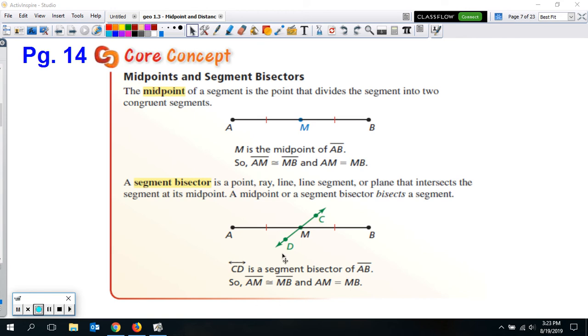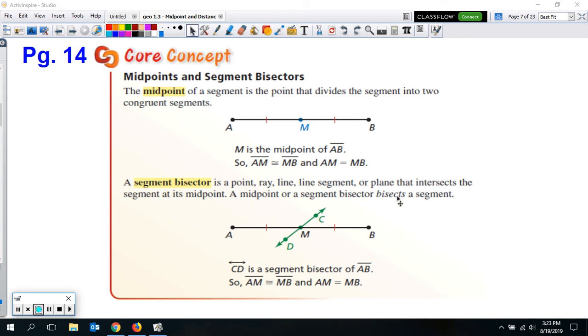If you have something that goes through it, that could be a segment bisector, even just a point. But this one is showing a line going through it. You can even have a plane go through this, and if it's going through the midpoint, that could be a segment bisector as well. Or a ray, going in this direction without the bottom part, ray MC, and that would be a segment bisector. So different things can be segment bisectors.